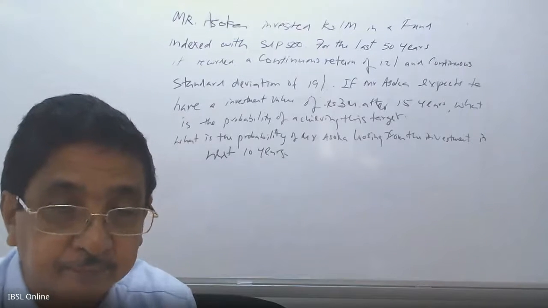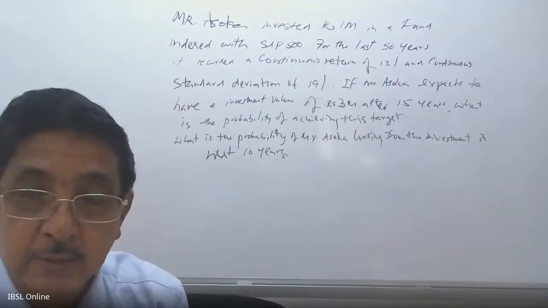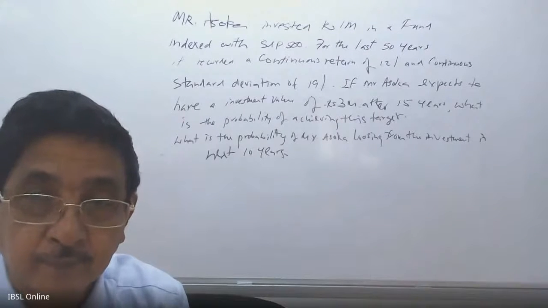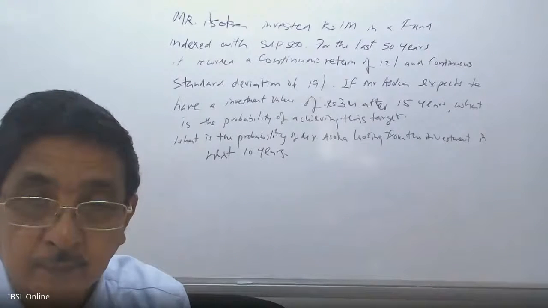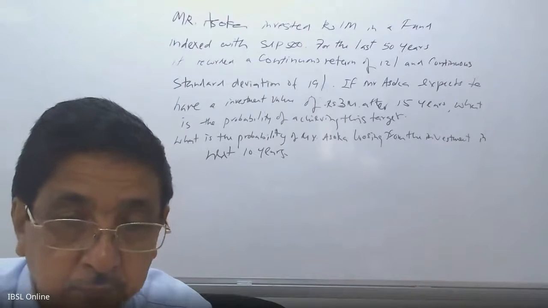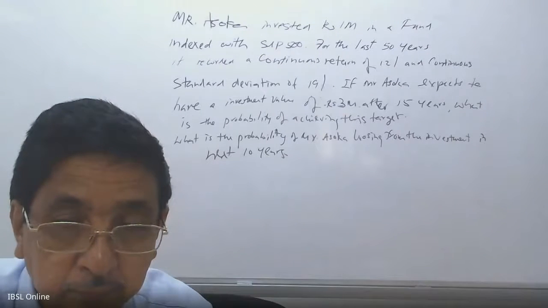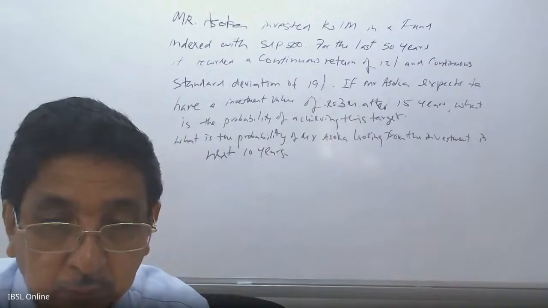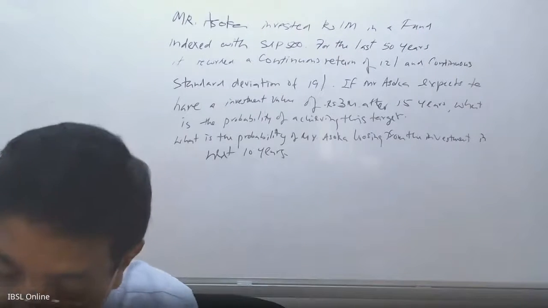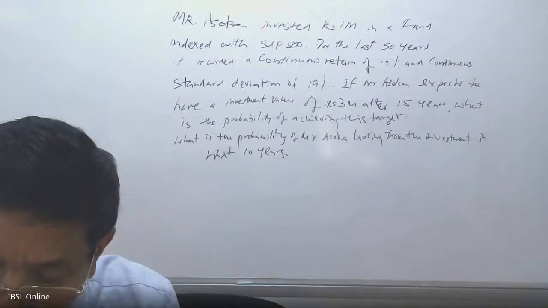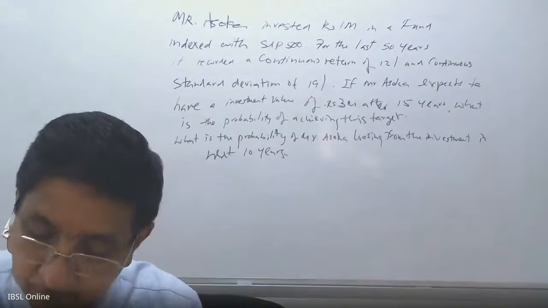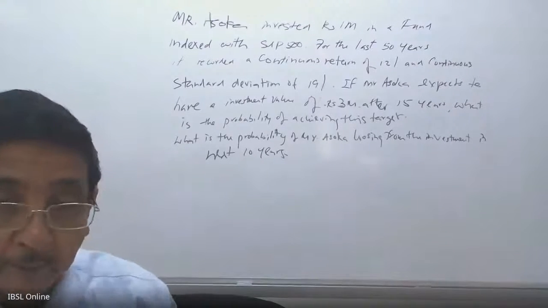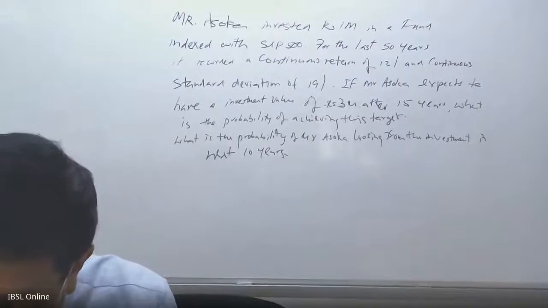What is Z? 0.95. Now the numerator is log 3.